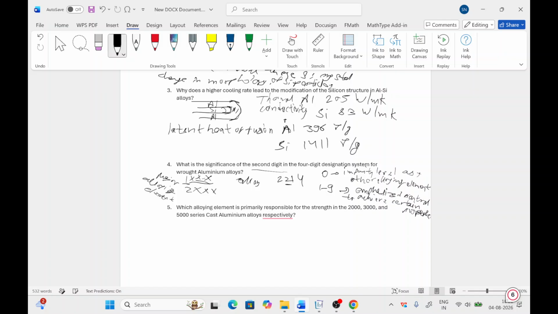Okay, so emphasized control on specific properties. Sorry, my writing is bad.